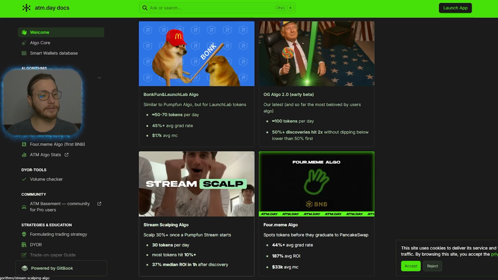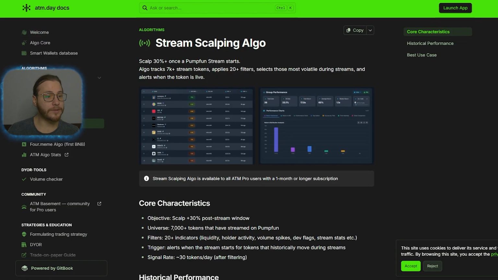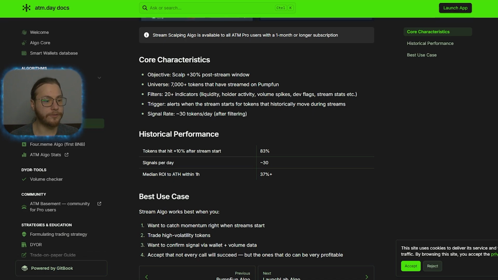When we click on that: scalp 30% plus once a Pump Fund stream starts. The algo tracks over 7,000 stream tokens, applies 20 filters, selects those most volatile during streams and alerts when the token is live. Signal rate is 30 tokens per day after filtering.